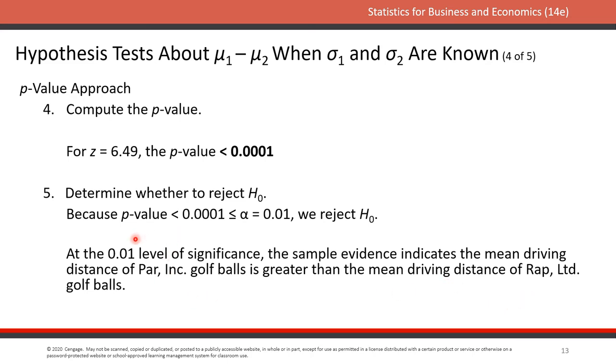Now notice in this statement I have that at the 0.01 level of significance. This is true for both the p-value approach and the critical value approach. So you can always drop this in. Sometimes I'll add it in parentheses at the end using alpha equals 0.01 in a conclusion section. Sometimes that's how that's included instead of this at the 0.01 level of significance.